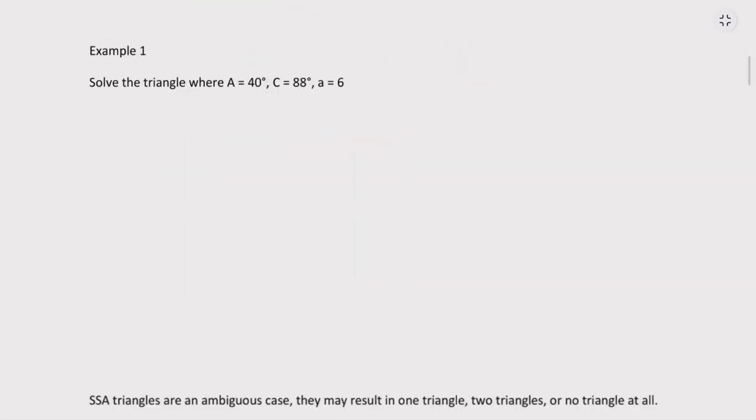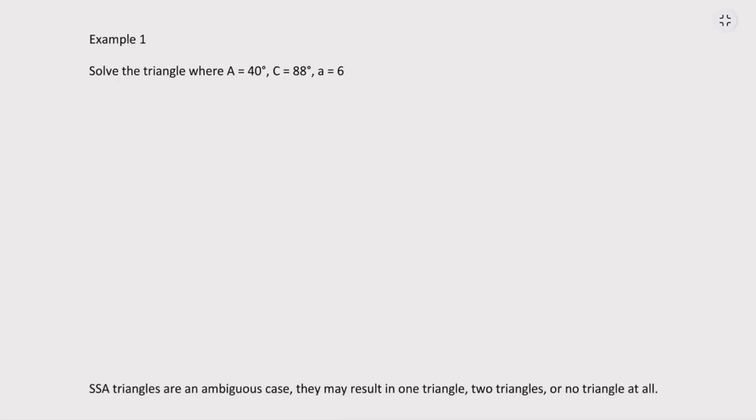Let's take a look at an example utilizing the law of sines. It says solve the triangle where A equals 40 degrees, C equals 88 degrees, and a equals 6. In your homework there'll probably be a picture provided, but it's always helpful to draw a picture so you get things labeled so you know where everything is.